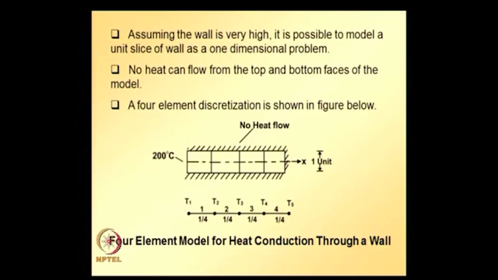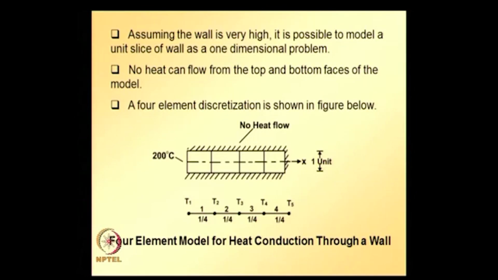So, 4 elements of equal length. The length of each element is 1/4 meter or 0.25 meters, and each element has 2 nodes. The values of temperature at each of these nodes are also indicated in the figure: T1, T2, T3, T4, T5.